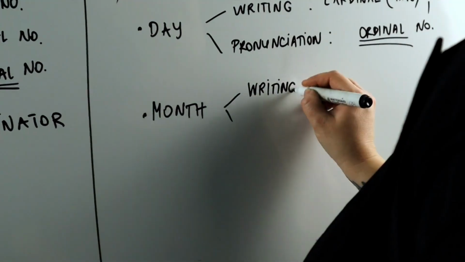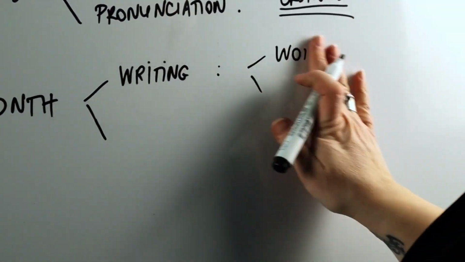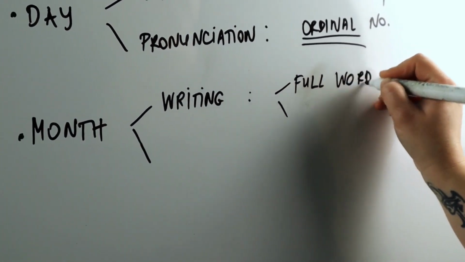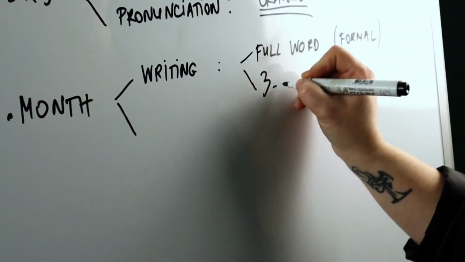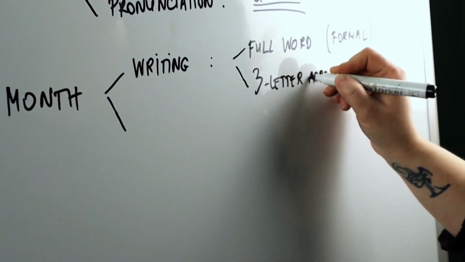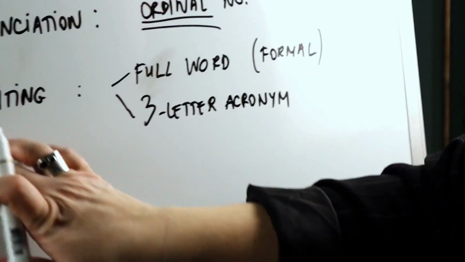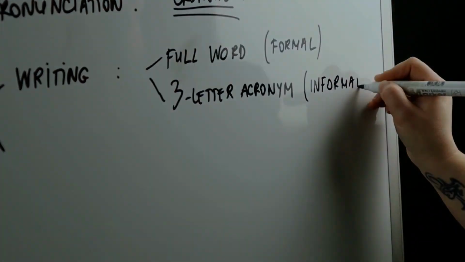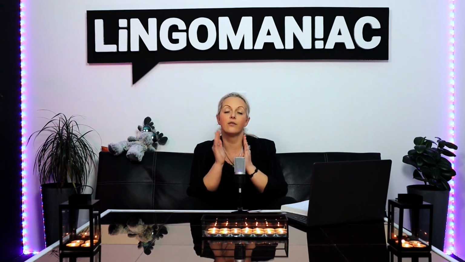Now, when we're talking about presenting the month, it is presented in writing as a word, and usually as a full word, especially in a formal context. In an informal context, it is allowed to shorten the proper noun which marks the name of the month to its first 3 letters.